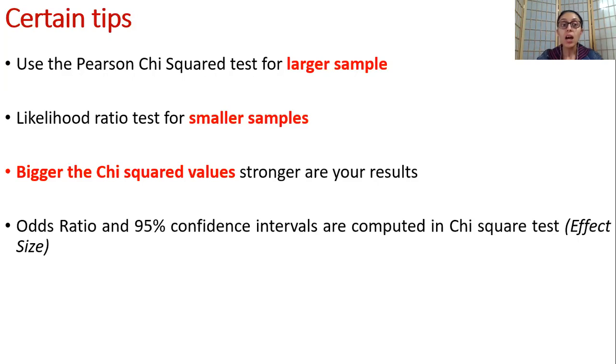So the take home message is that Pearson's chi-square test does generate an effect size for you, by giving you odds ratios and 95% confidence intervals. And the 95% confidence interval is the biggest thing which will help you show whether the effect size is weaker, meaning broader confidence interval, or whether the effect size is strong when the confidence intervals are narrow.